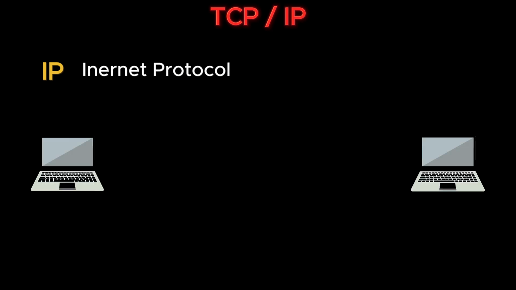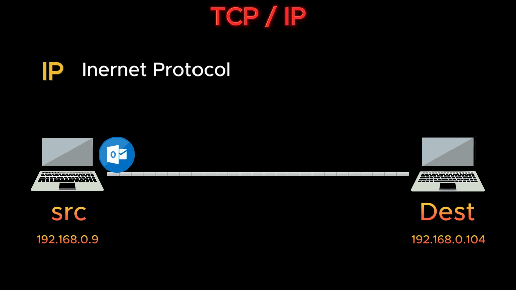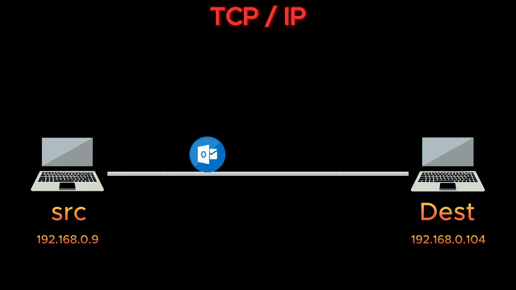What is IP? IP, meaning Internet Protocol, is the method for sending data from one device to another across the Internet. Every device has an IP address that uniquely identifies it and enables it to communicate with and exchange data with other devices connected to the Internet.